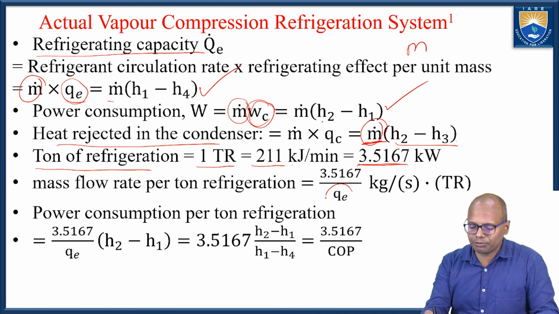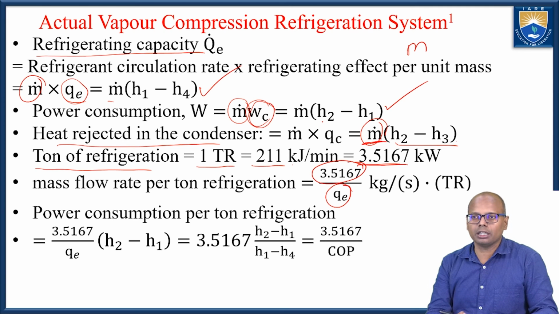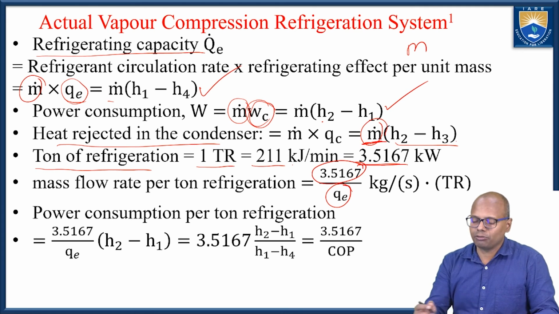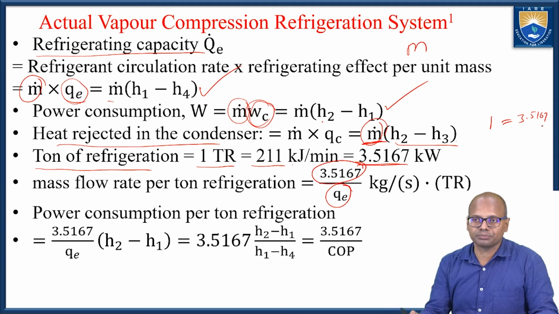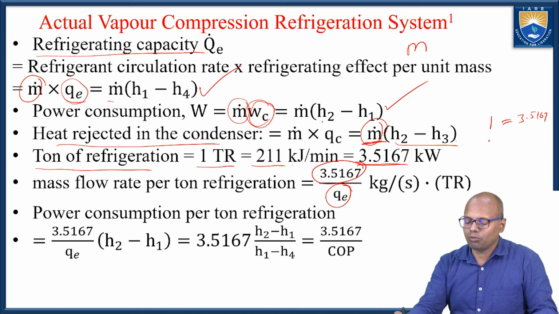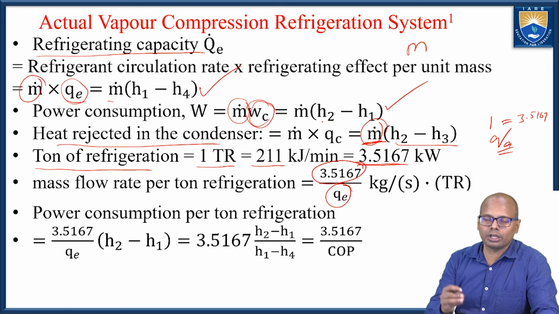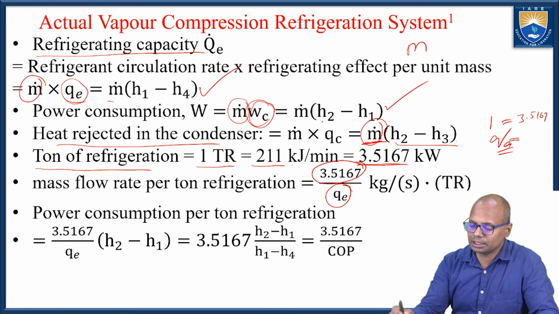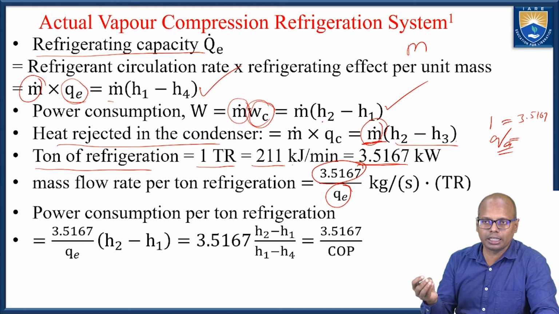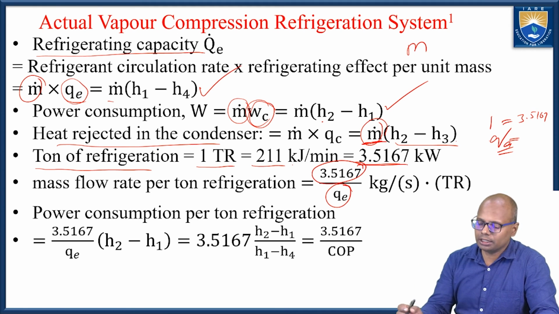So, I have the refrigeration effect, and this is the ton of refrigeration. 1 ton of refrigeration is equal to 3.5167. Okay. Now, what is this Q? I know the refrigeration effect. This is the amount of heat removed per kg of the fluid, and this is the total, this is 1 ton.